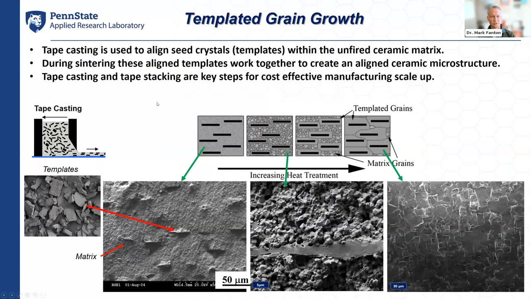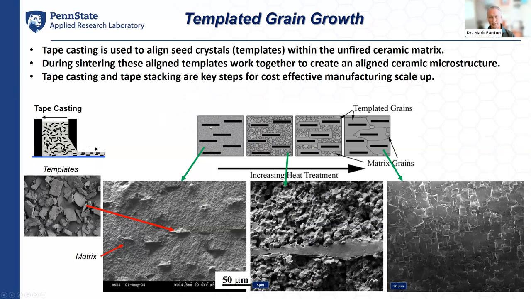Why we use tape casting in our particular case is because it allows us to align these template particles that we're adding in the slurry stage. So in very simple terms, when you tape cast, the doctor blade in the tape casting system provides a shear force on the slurry, which forces these asymmetric templates to align.